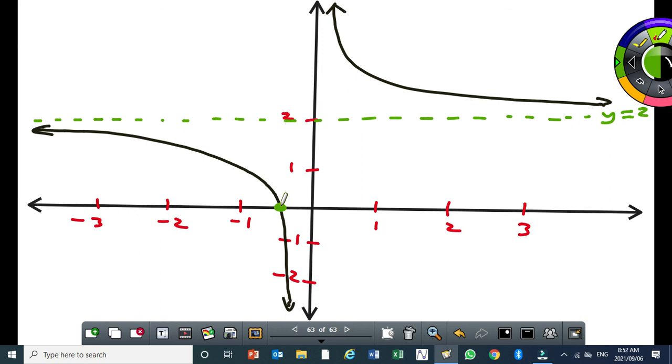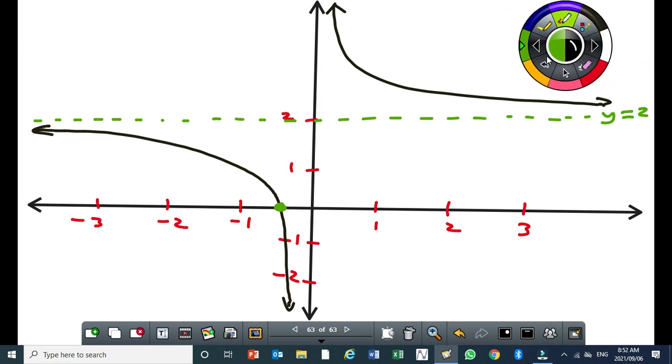Okay? Then the next thing is to draw the lines of symmetry. Now, the lines of symmetry actually pass through the point where the two asymptotes intersect, which in this case, for our diagram, is going to be this point here. So our two lines of symmetry will pass through this point.